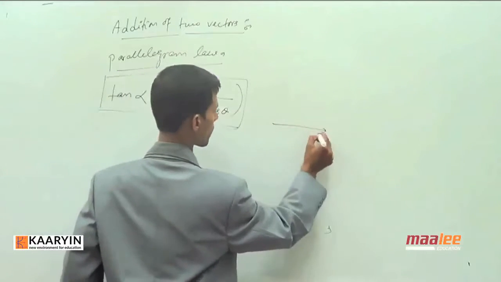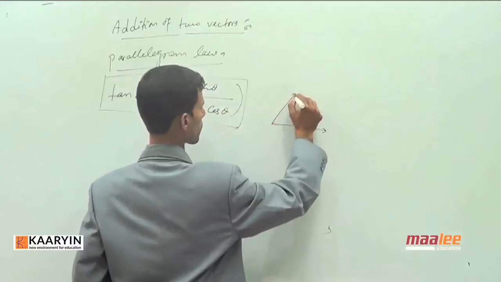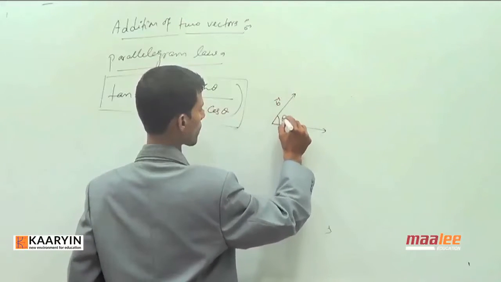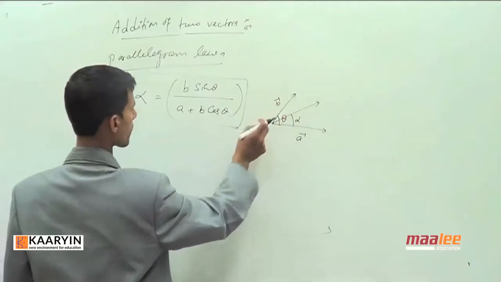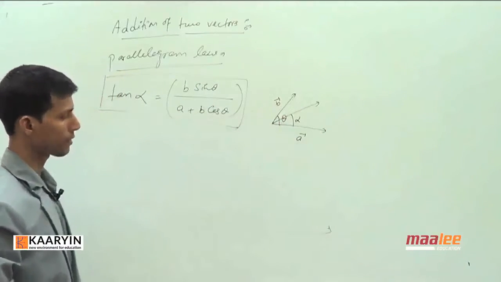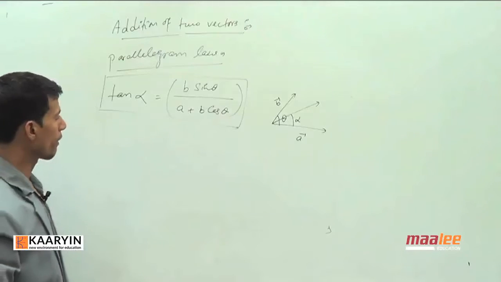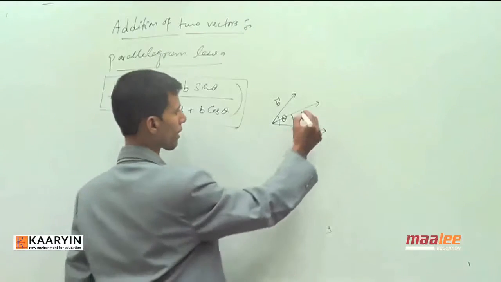Here it is my A, it is B, it is theta, it is alpha. So tan alpha becomes B sin theta divided by A plus B cos theta. By using this formula we can find out the angle between R and A.